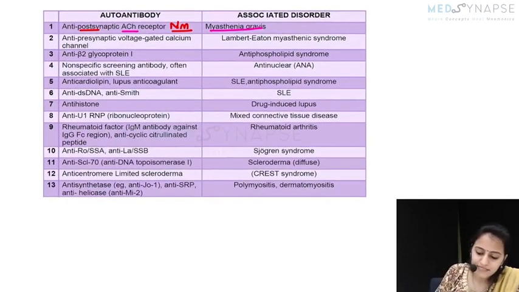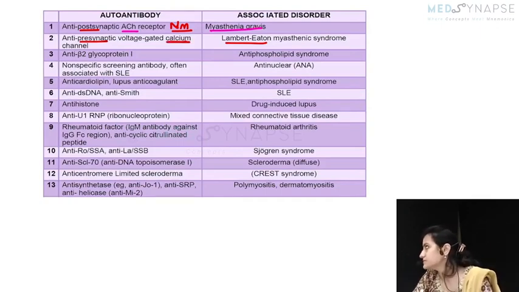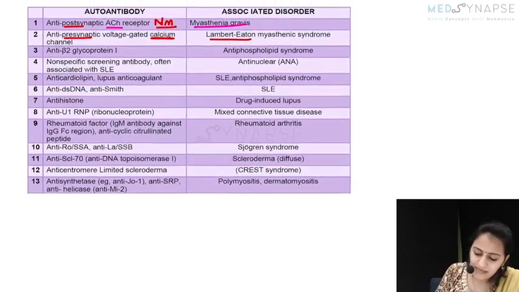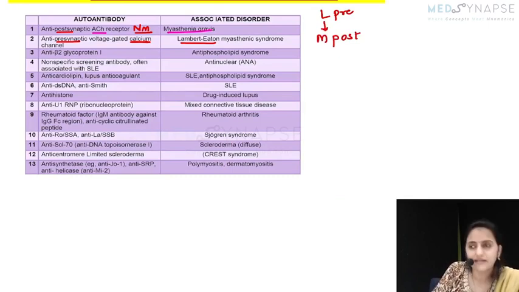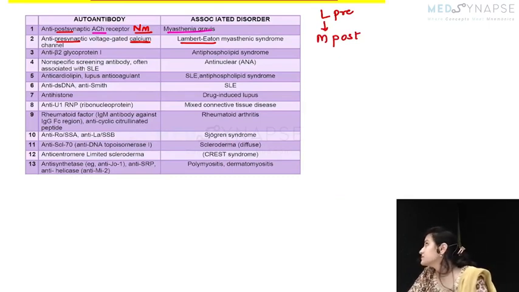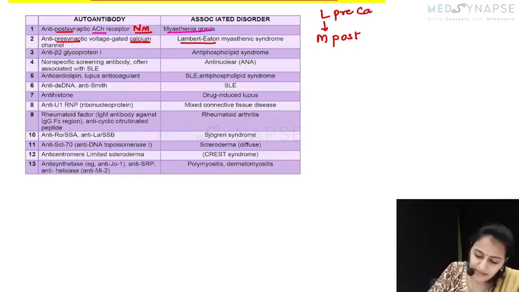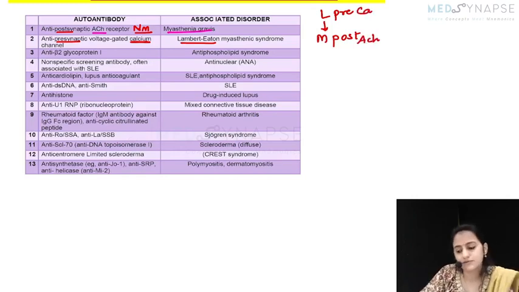Versus Lambert-Eaton. Presynaptic. Which channel antibody? Calcium. Voltage gated calcium channel. So remember that alphabetically L comes before, M comes बाद में. So Lambert-Eaton is pre, myasthenia is post. This is presynaptic calcium. This is postsynaptic acetylcholine.